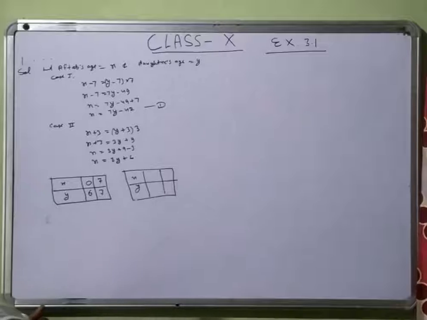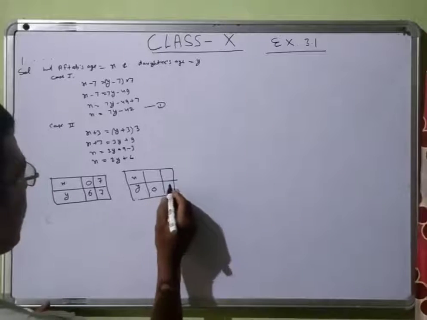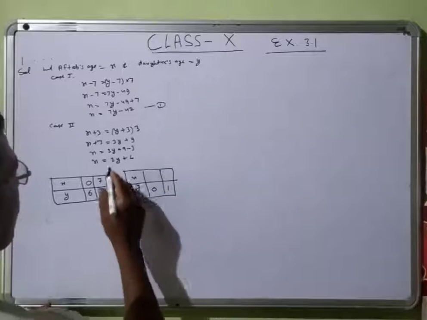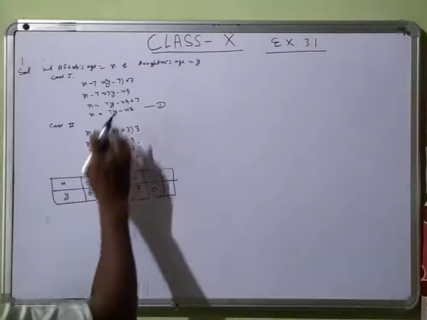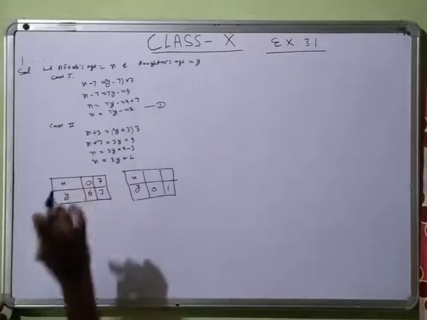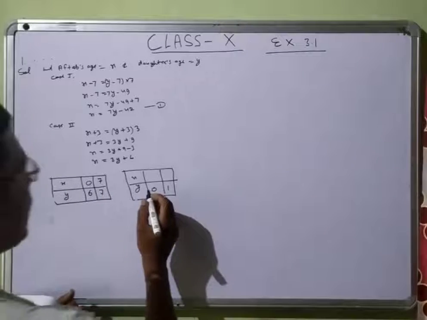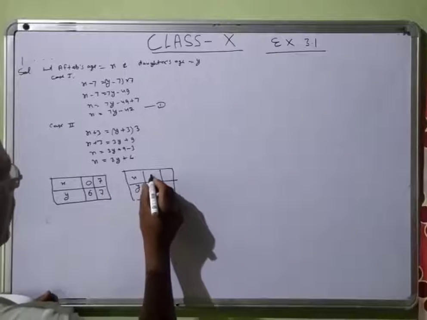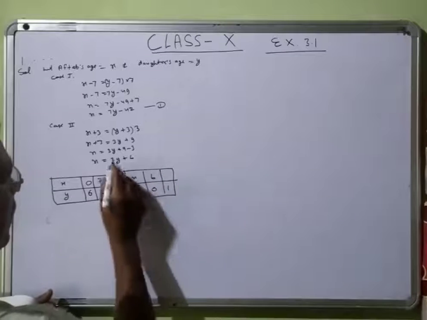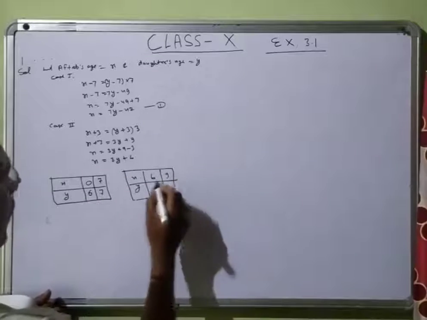The y value we will take as 0 and then 1. Why have we taken 6, 7? Because these values will become near about both. So that will become 6, and then 3 times 1 plus 6 is 9.